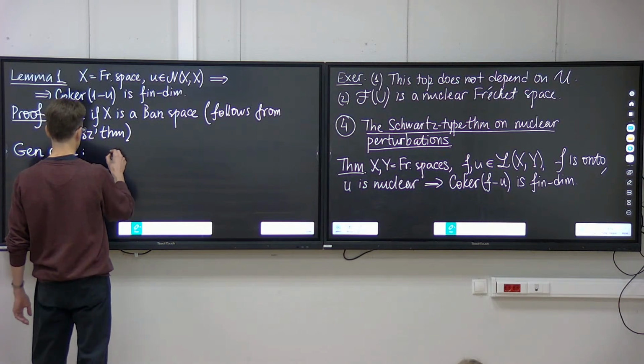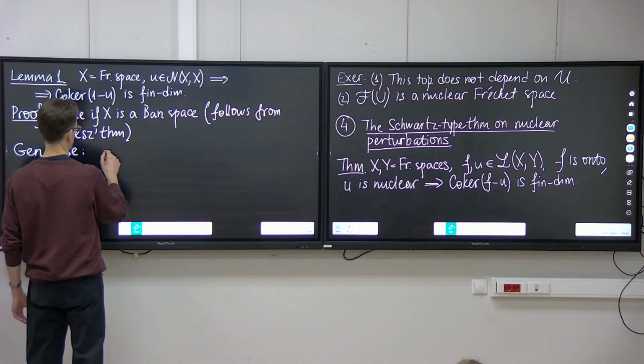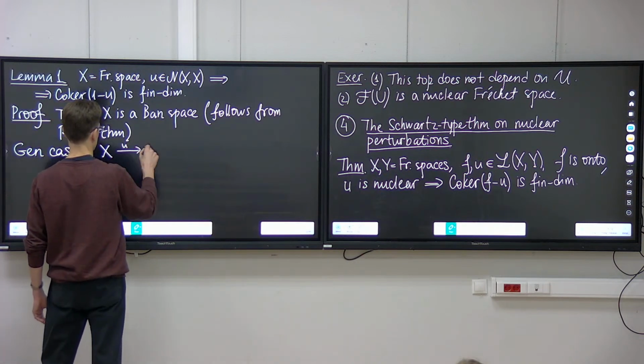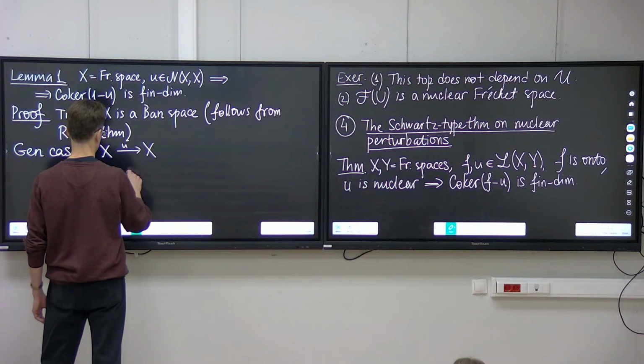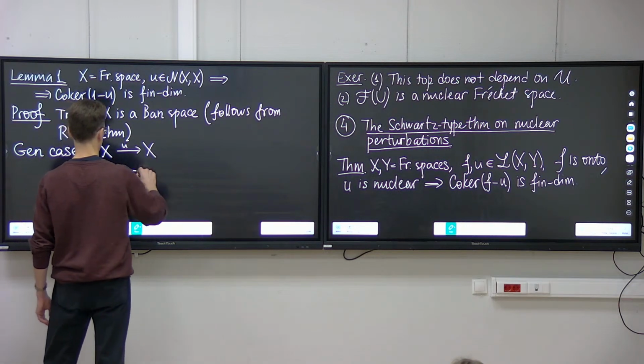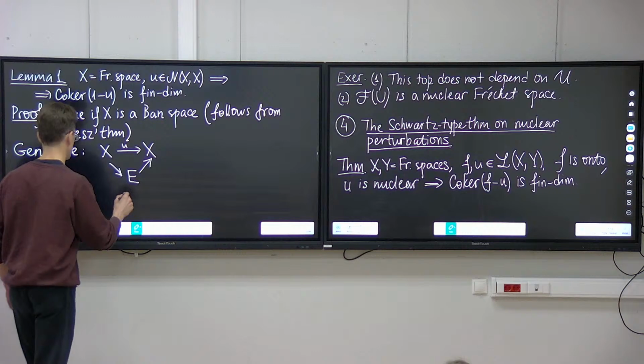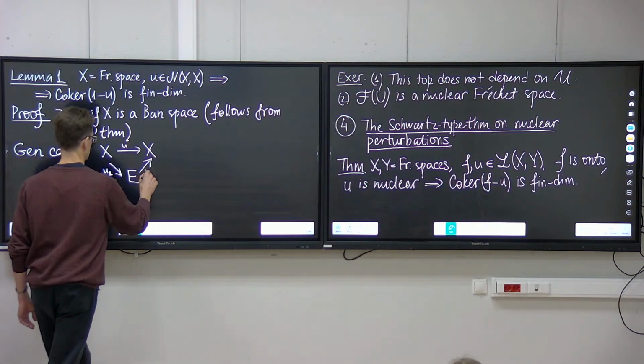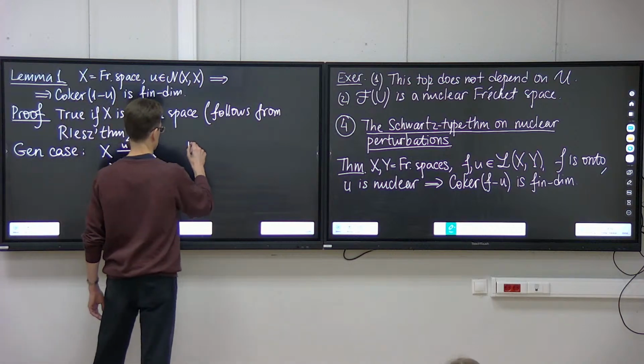Let's factorize U through a Banach space. Every nuclear operator factorizes through a Banach space. So U equals U1, U2, where E is a Banach space.